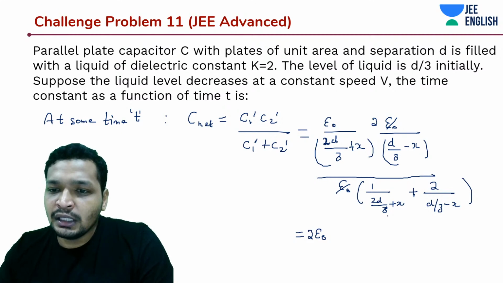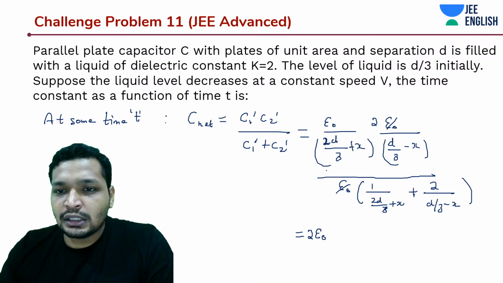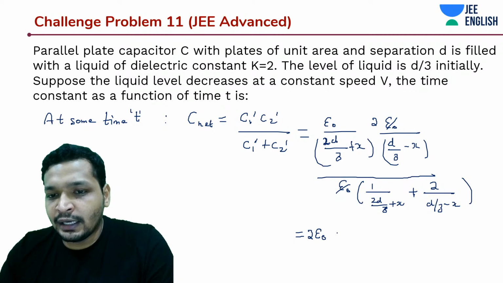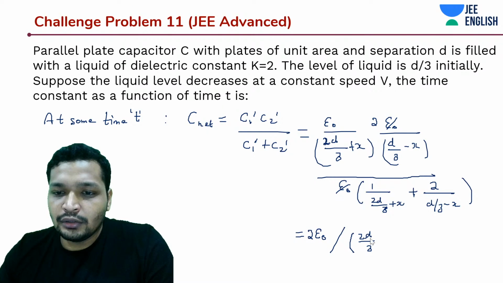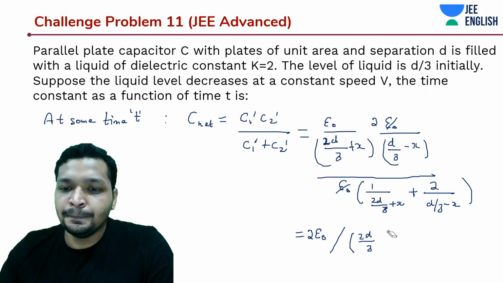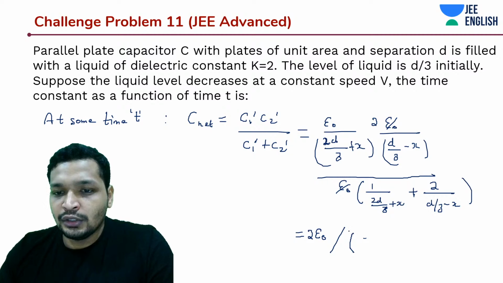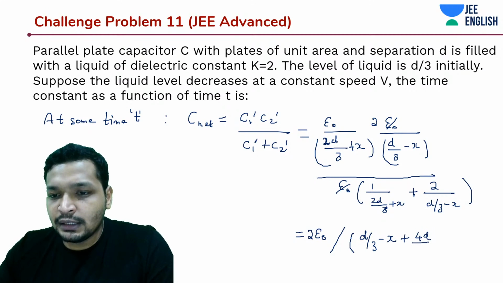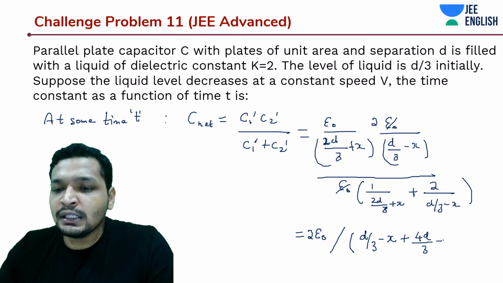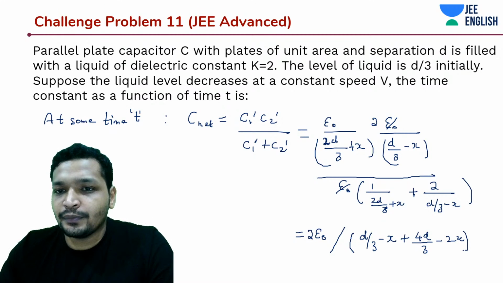So it's going to be d by 3 plus, and just these things are going to get cancelled. I'm going to directly write it down as this divided by 2d by 3. Sorry guys, sorry. So this is going to be d by 3 minus x plus 4d by 3 minus 2x, right?